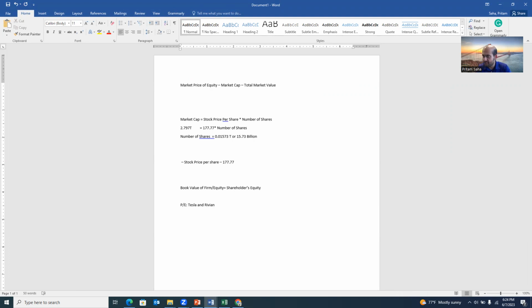If you search these two corporations, you will find that they are both electric vehicle manufacturing companies. In that case, you can compare the PE of Tesla with similar electric vehicle manufacturing companies, but don't compare the PE of Tesla with some other firms, let's say Walmart or Costco. No, don't do that.